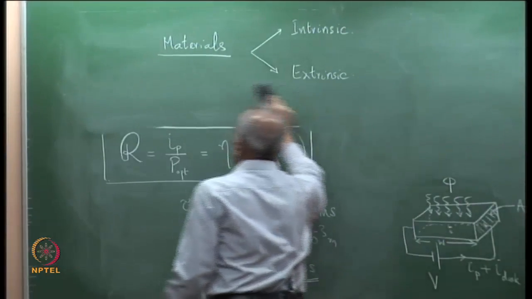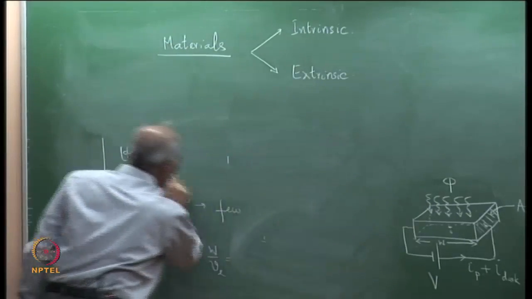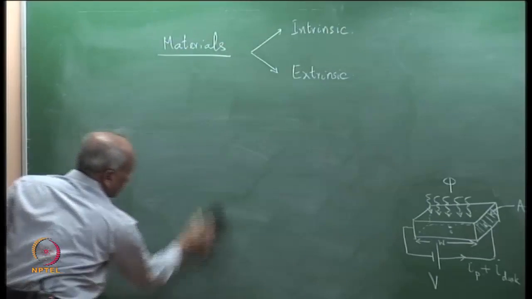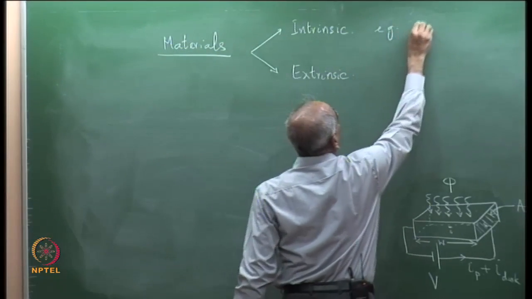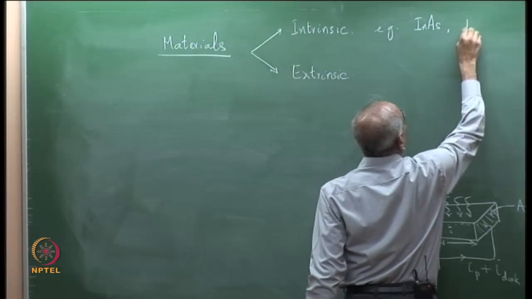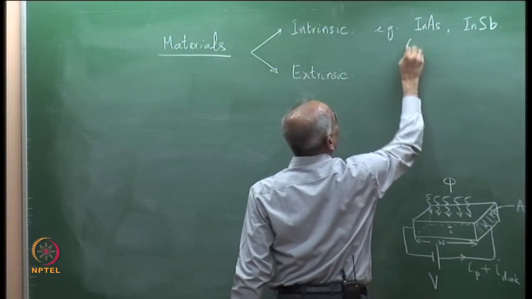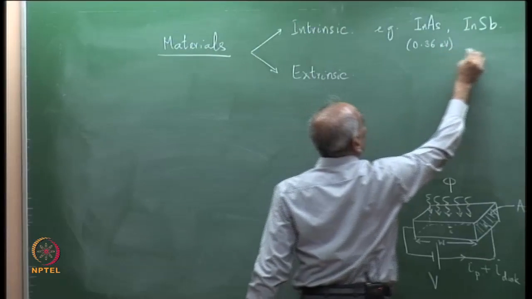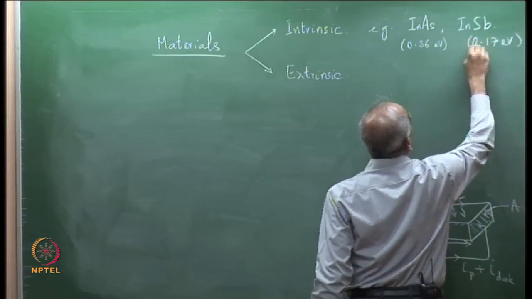The same thing is true here. For intrinsic semiconductors, widely used examples are indium arsenide and indium antimonide. Indium arsenide has a band gap Eg of 0.36 eV, and indium antimonide is 0.17 eV.